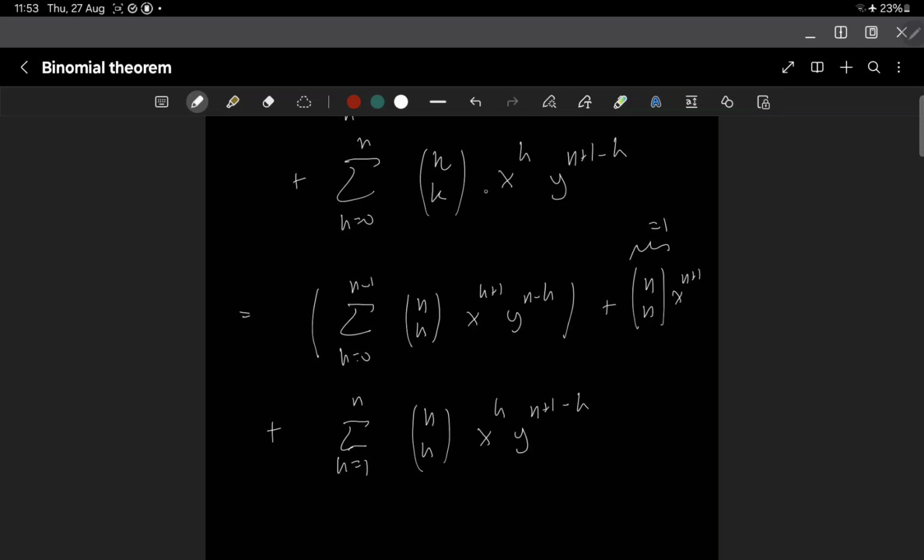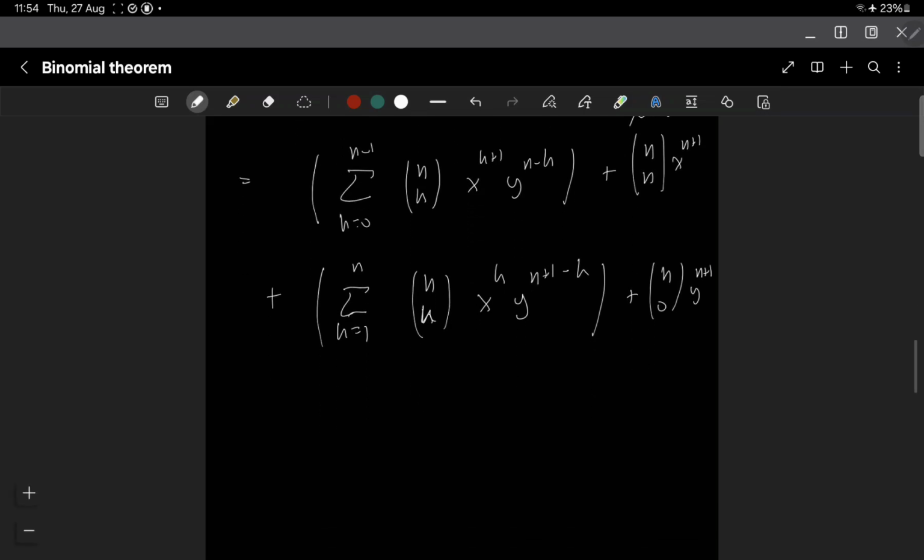That's exactly this term, but instead of going from 0 to n, I go from 1 to n, and then I add the term when k is equal to 0. So plus, and now we substitute k equals 0. So we have n upon 0, x to the 0, because k is 0, which is equal to 1. And here I get y to the n plus 1, right?